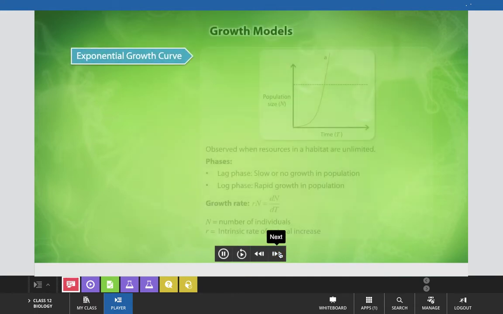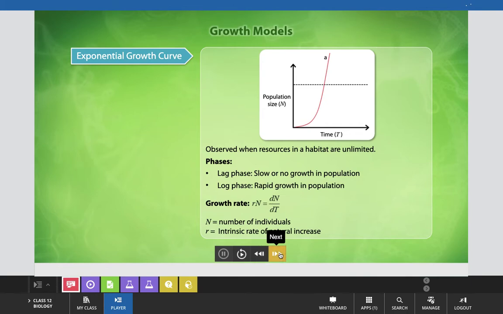Now come to another concept related with the population, which is population growth models, which are graphical representations to analyze the nature of growth of population in a particular area in population dynamics.